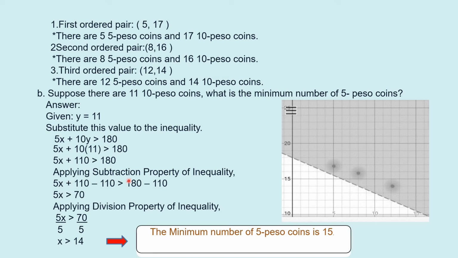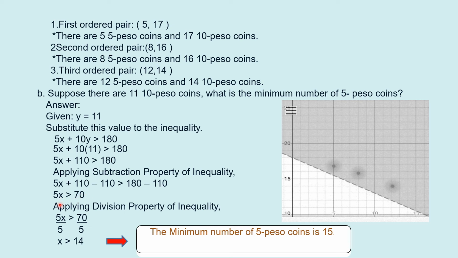Applying the subtraction property of inequality, we subtract 110 from the left side and the right side, so that only 5x remains on the left side. On the right, 180 minus 110 becomes 70.